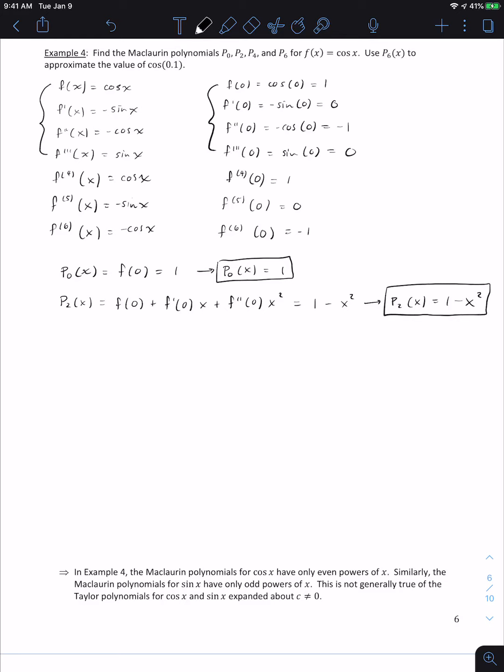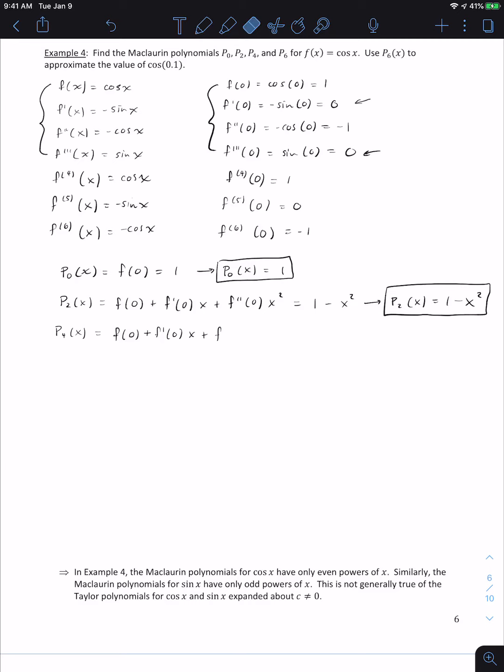So notice all the terms, because the zeros happen at odd derivatives, all the odd terms are going to go away, right? Because of that 0 that would go there. So again, when I go p sub 4 of x, the full formula is f of 0 plus f prime at 0 x plus f, whoops, and I should have had over 2 factorial, shouldn't I?